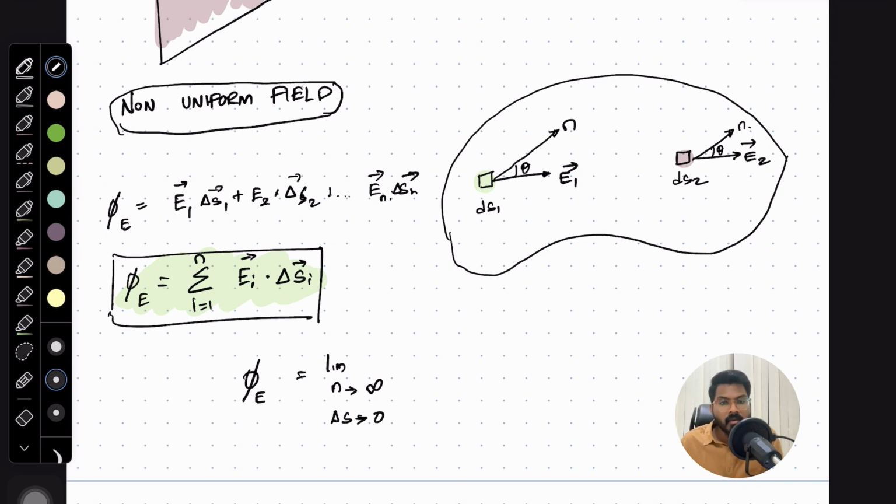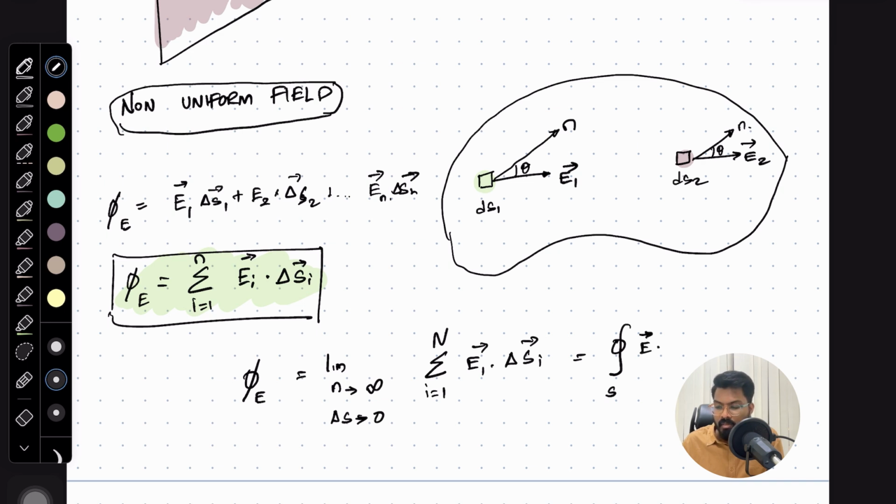So if that is the case, then the summation from i equals 1 to n of Ei vector dot delta Si vector is represented as a surface integral.